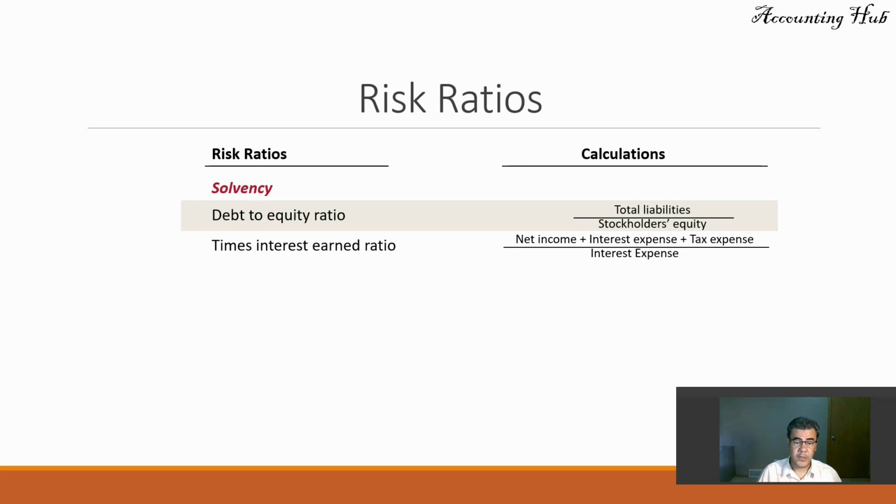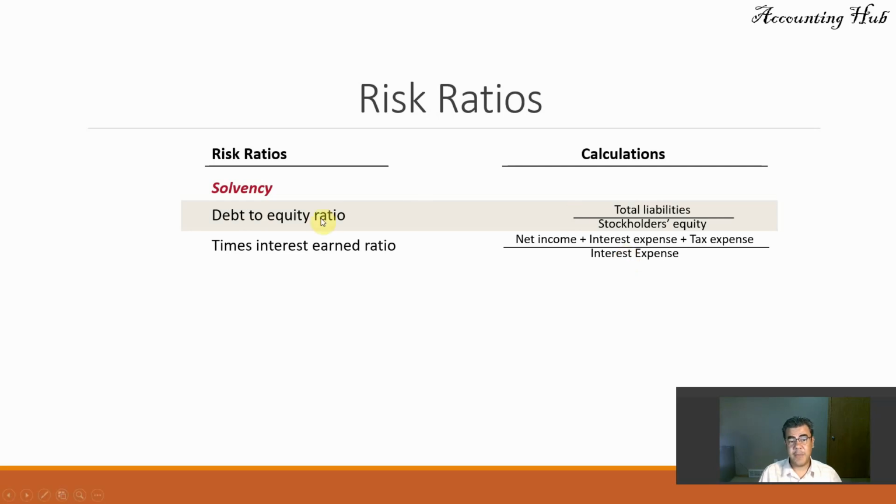And the second one, we are talking about interest expense. Are the interest expenses huge or are they a small number? So we compare the income before interest expense, or net income plus interest expense plus tax expense, divided by interest expense.